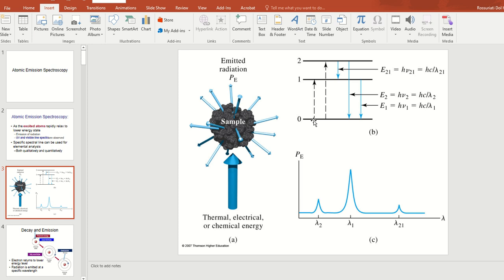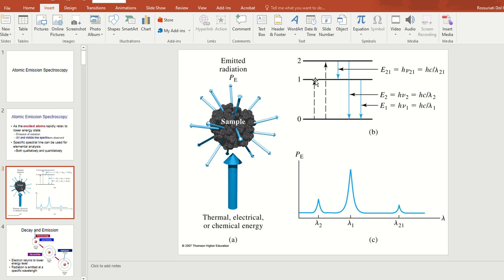When the atom absorbs the radiation, it will undergo excitation, moving from the electronic ground state to an electronic excited state.